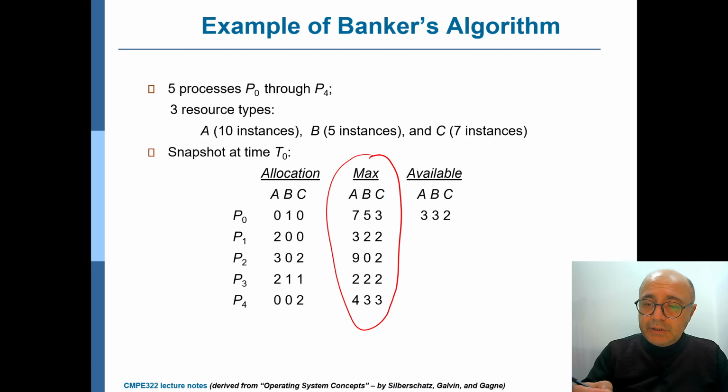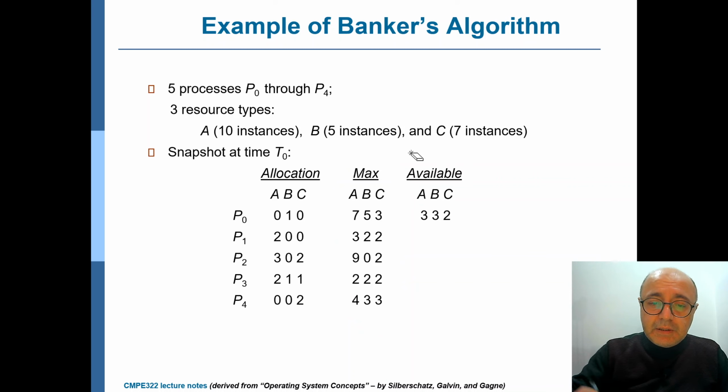So if you look at the max array, in between, let me write need. Let me just easily write that this is 7, 4, and 3. I'm just subtracting allocation from max. This is 1, 2, 2.